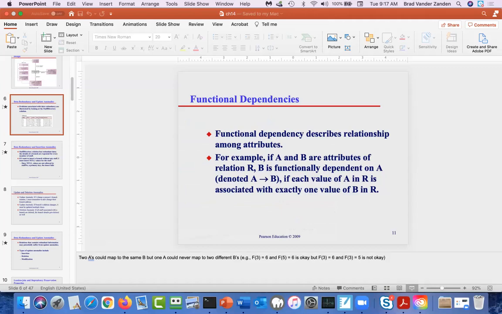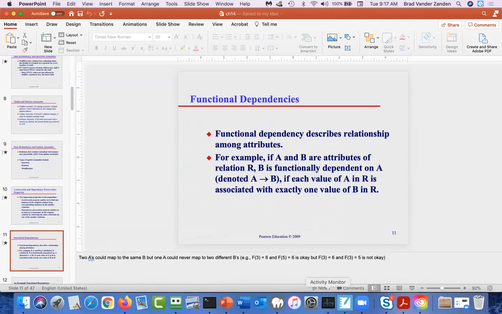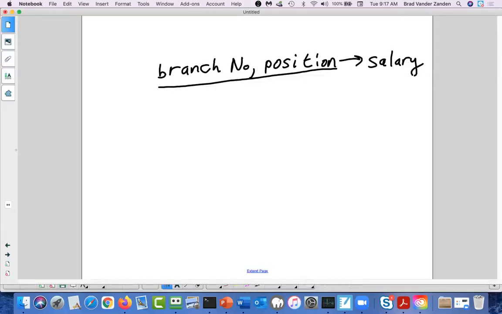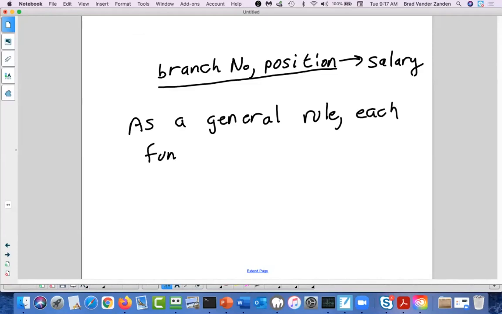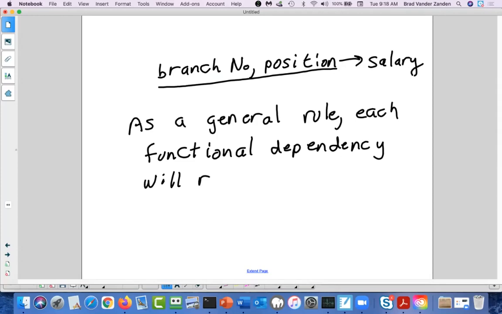Basically, as a general rule, each functional dependency will result in its own relation.